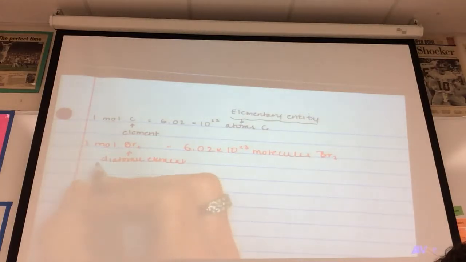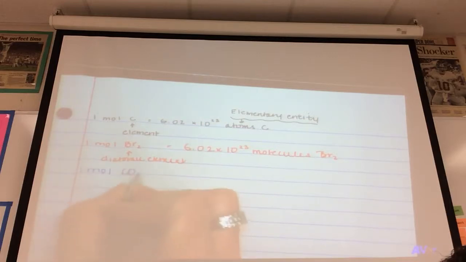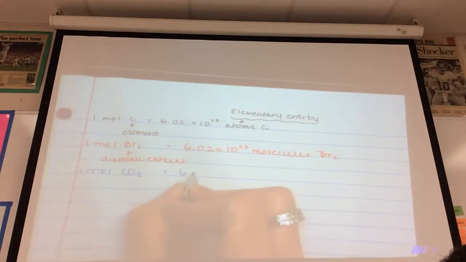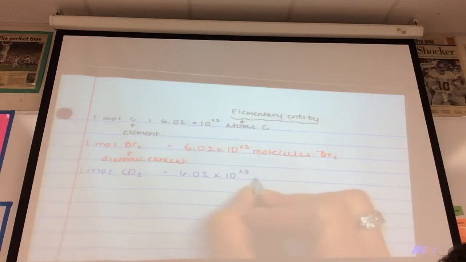And if you have 1 mole of a covalent substance, such as carbon dioxide, this is going to be 6.02 times 10 to the 23rd molecules as well.